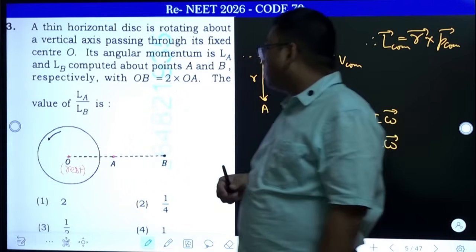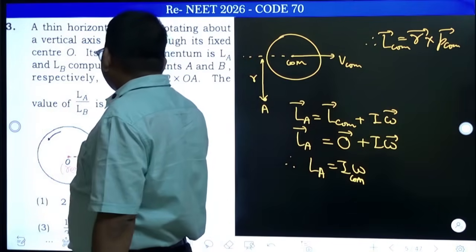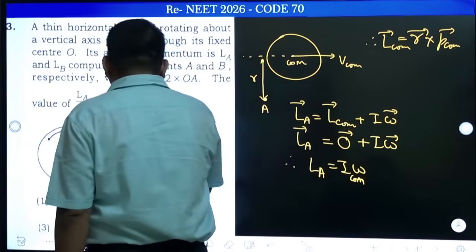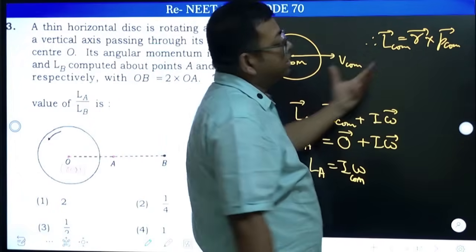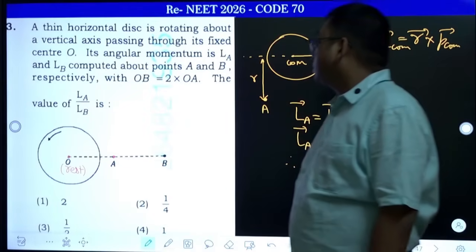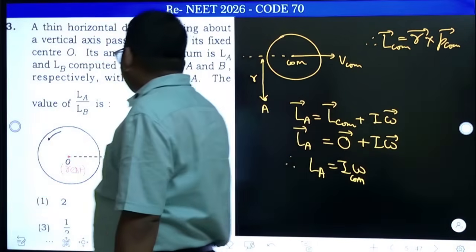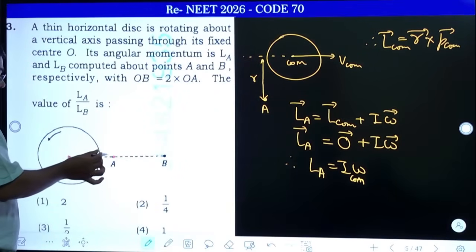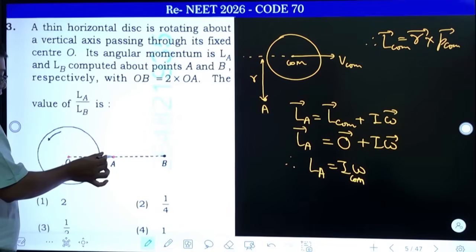So for pure rotation, the moment of inertia, when you are considering either this point or this point, is going to be same, right. You may ask what about the distance? Is the distance not affecting the moment of inertia calculation? First of all, you are not calculating moment of inertia about this point.